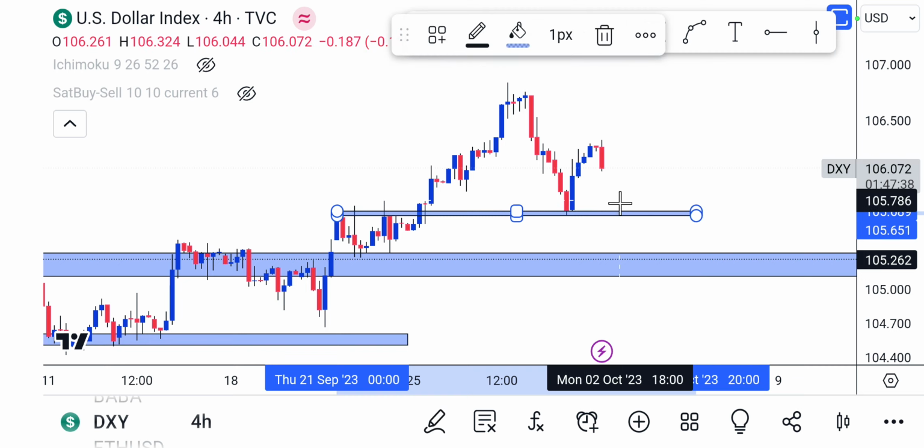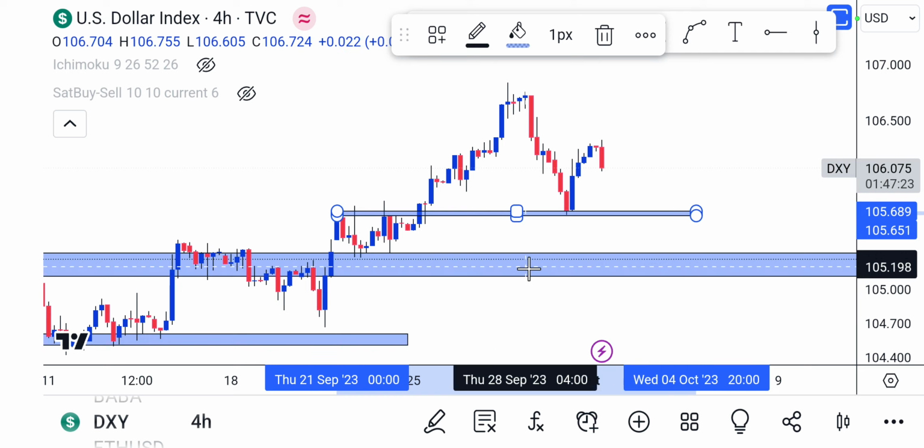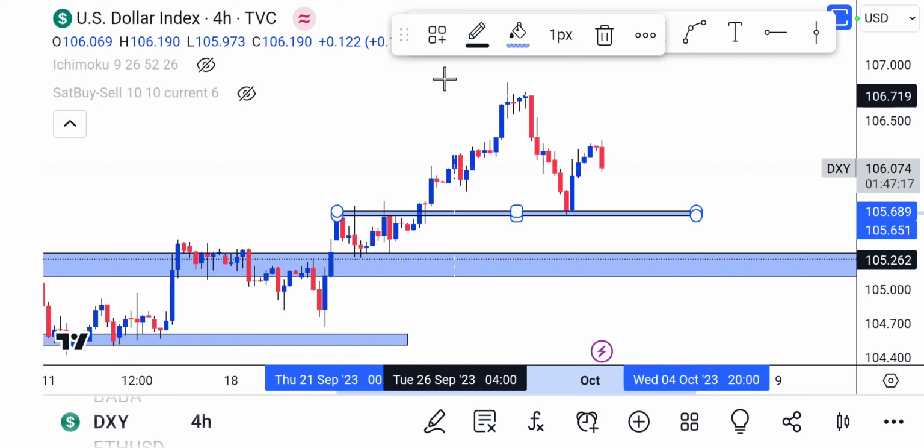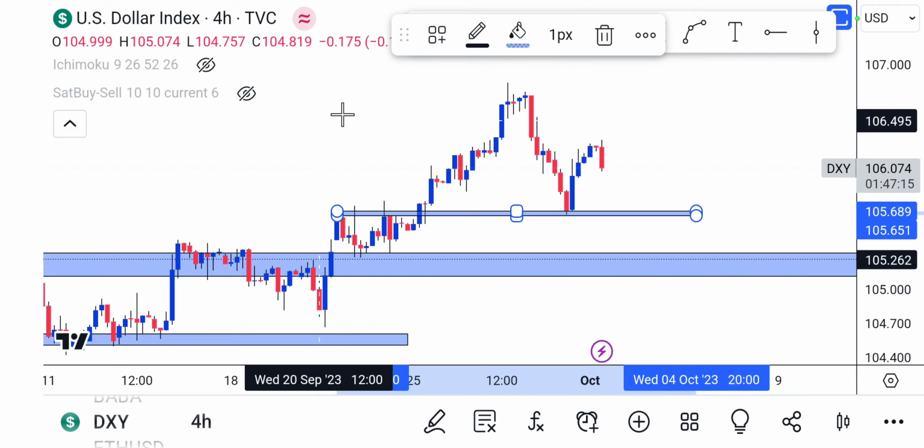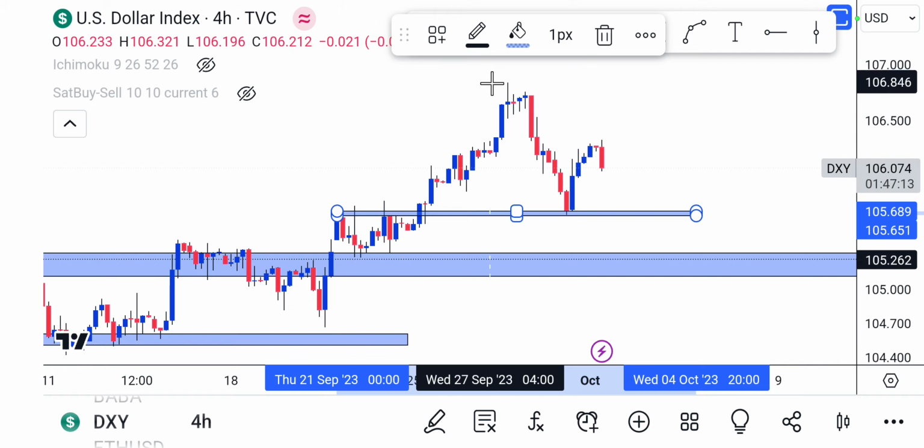Maybe a test back around here, and if it holds, fine, we'll push back up. But if it doesn't hold, which will actually form an inverted cup and handle this way, we're going to get a push inside this range here. But in all, we're still looking at a range from this current high to this level.